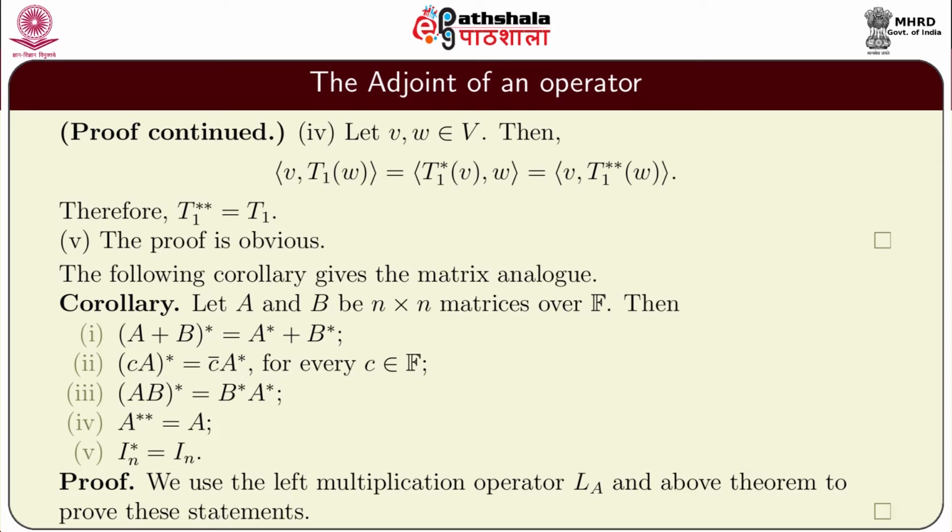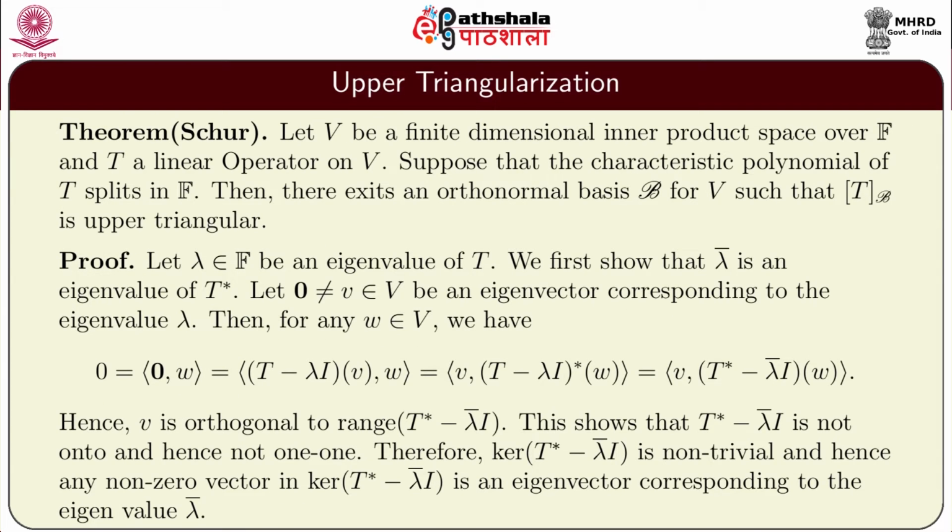Let us now prove Schur's theorem, which says that if V is a finite dimensional inner product space over F and T is a linear operator on V such that the characteristic polynomial of T splits in F, then there exists an orthonormal basis B for V such that the matrix representation of T with respect to B is upper triangular.